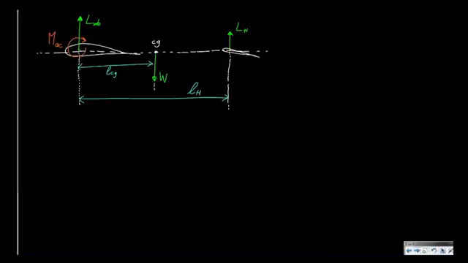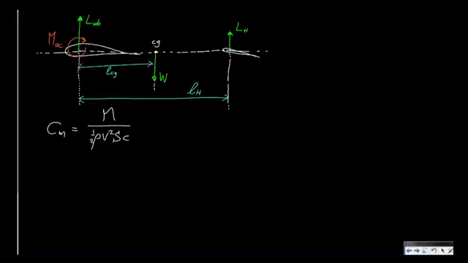So we know that the moment coefficient, Cm, is the moment divided by half rho v squared S times the average chord, which is the distance between the front leading edge and the aft leading edge of the wing, the average.